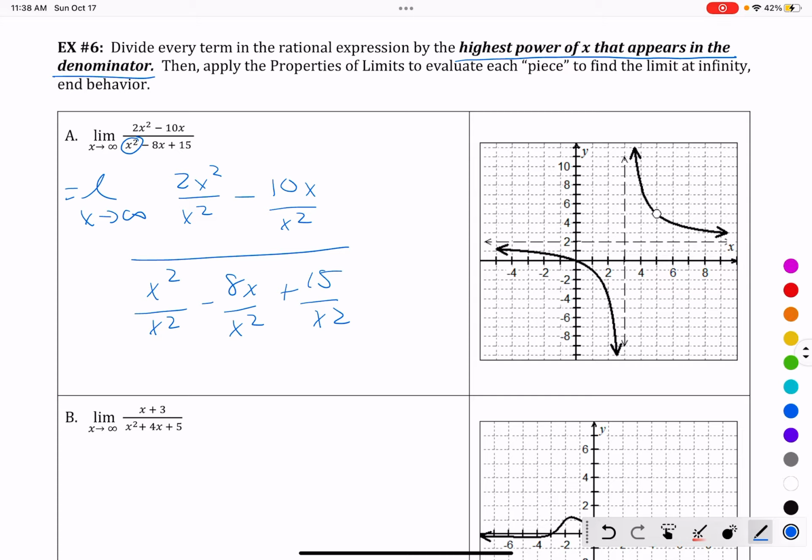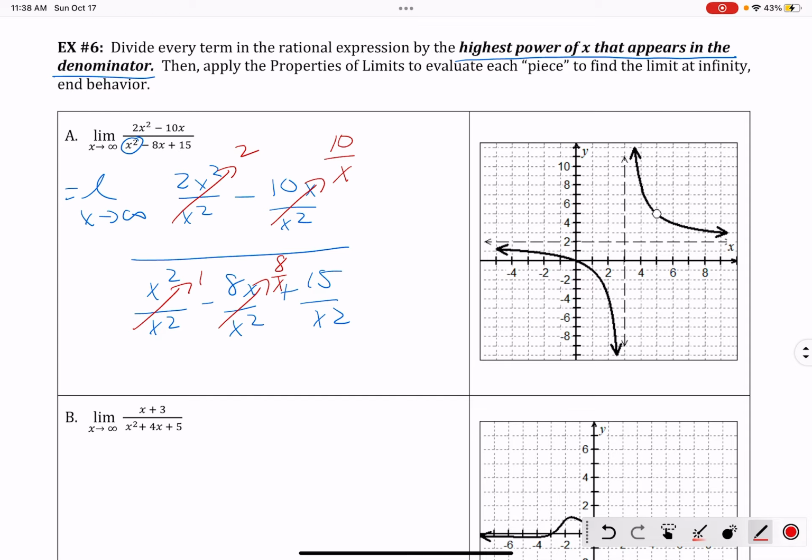Then we clean it up using properties of exponents. At the top, this is going to go to 2. Over here, 10x over x squared becomes 10 over x. This would become 1. This would become 8 over x. And nothing would change for the 15x squared.